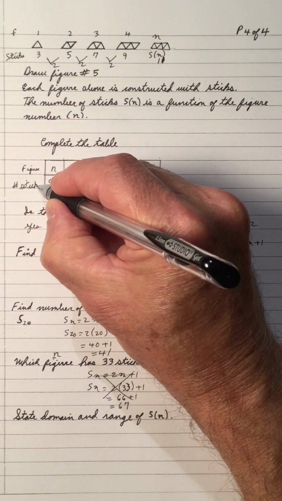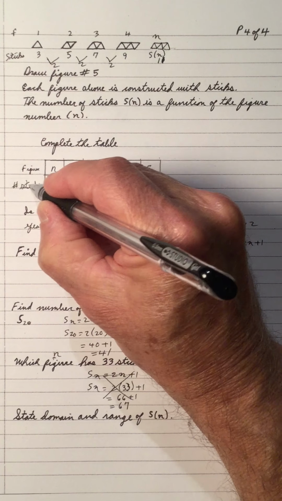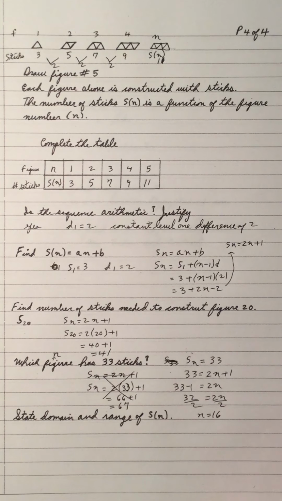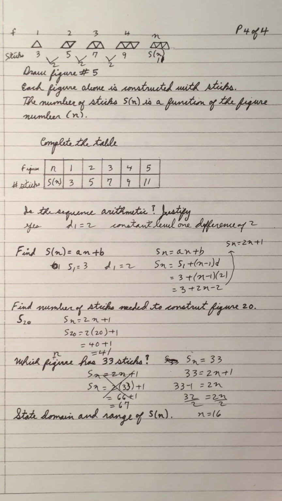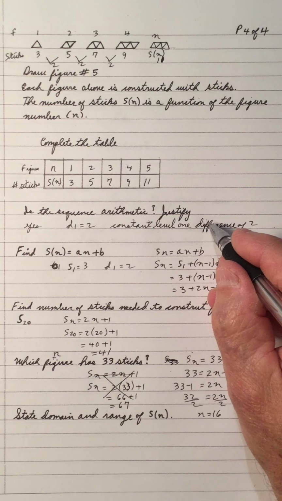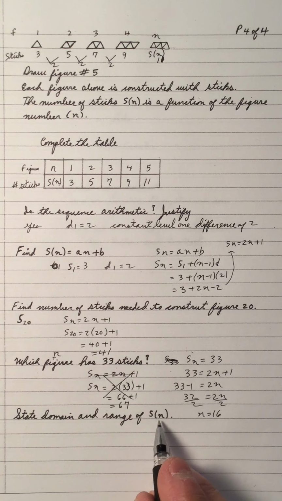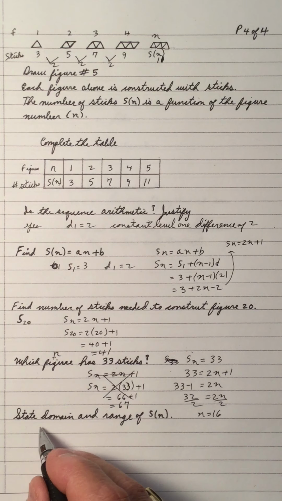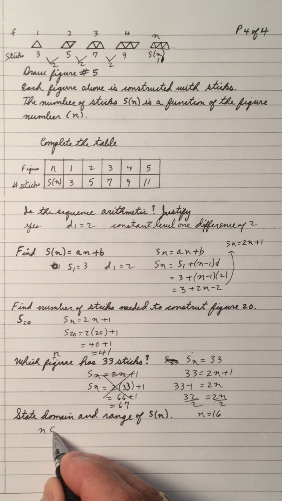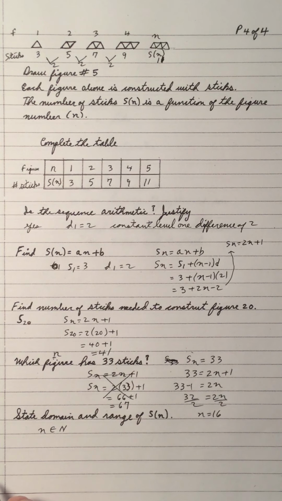When you use function notation, it's better to use x's and y's, as they say, but function notation can mix you up. State the domain and range of S of n. The domain is always n belongs to the naturals. And the range is the equation.